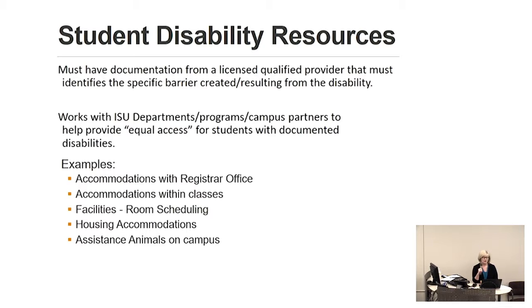We have a lot of students that have difficulty with testing, so they might get extra time. A lot of them, it's just taking them out of a classroom of 400 students and having them in a low distraction environment that helps with their concentration, helps with their anxiety. So that's a big factor. Some have difficulty with note-taking, so getting them copies of PowerPoints. It's just a huge variety of things that we do.